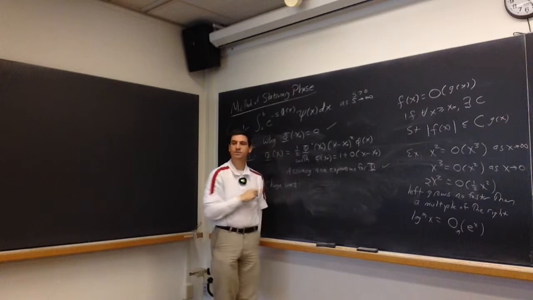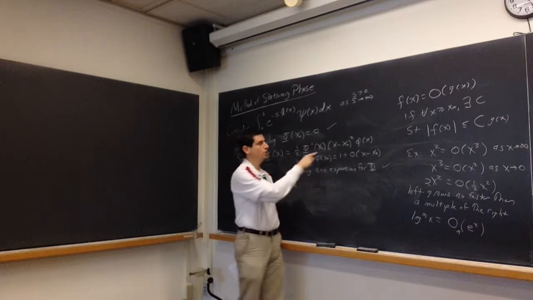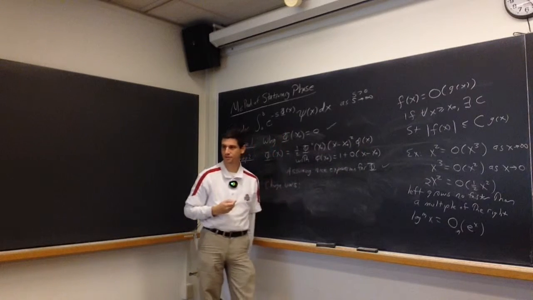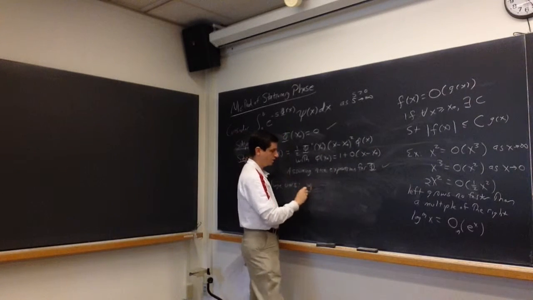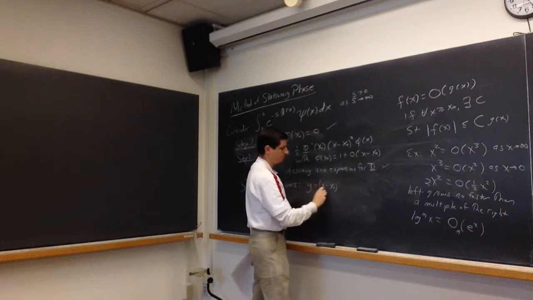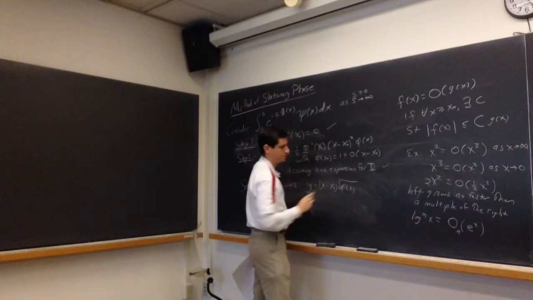Even the phi double prime is fine. That's just going to be coming into the variance. So this quantity here should be our y squared. So it suggests that we should choose y to equal x minus x naught times phi of x to the 1/2, or square root of phi of x.